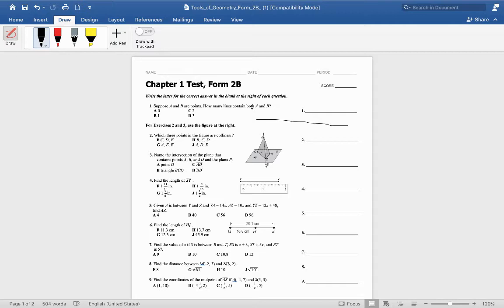So we've got Y and Z. And it says A is between them, so we'll call this A right here. It says Y to A is 14x, so this part right here is 14x. And then this part, A to Z, is 10x.